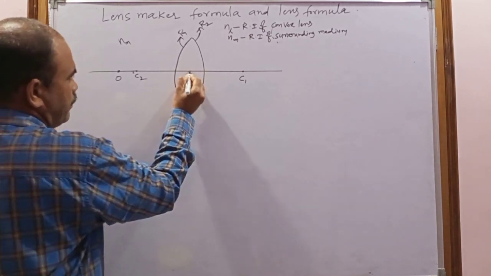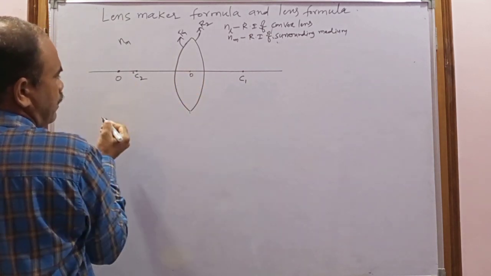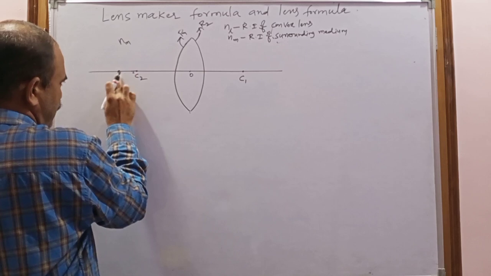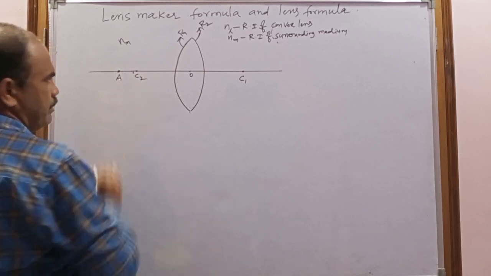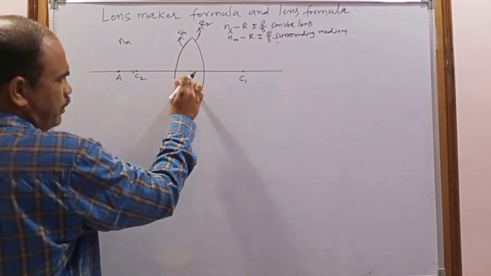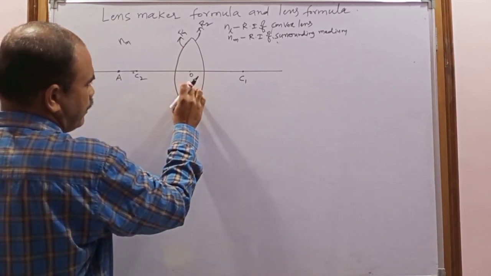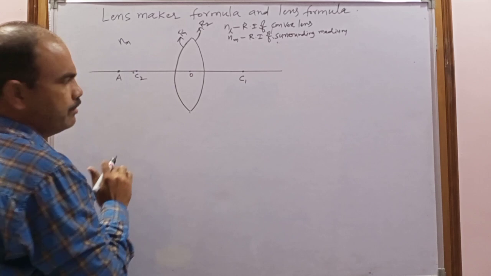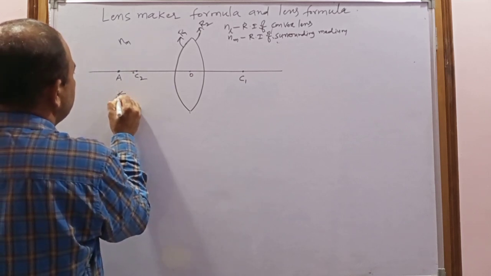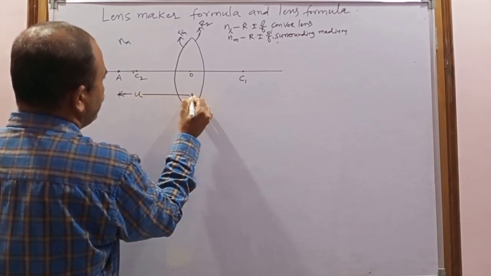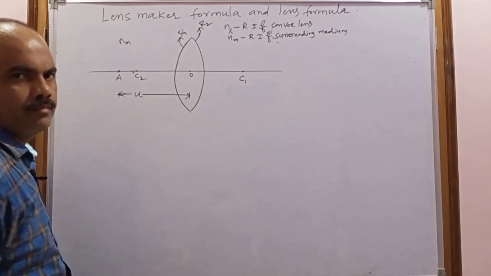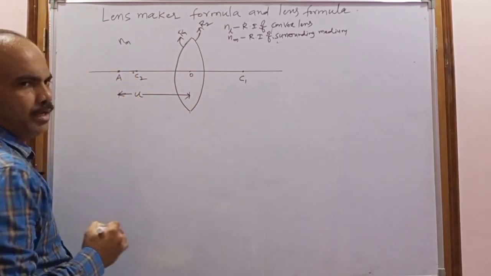Here O means optic center and A is the object. The distance between the optic center and the object will be called the object distance, which can be represented with the letter U.